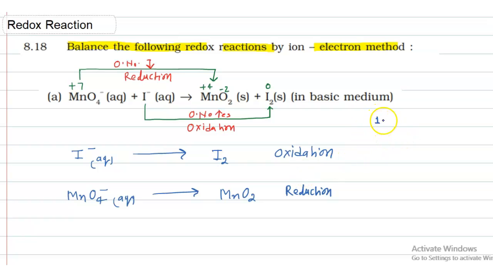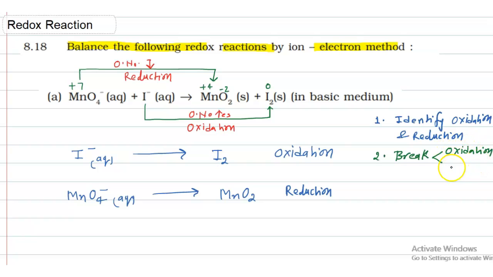So next I write the rules. First, identify oxidation and reduction. Second, break these reactions into two half reactions, oxidation and reduction.